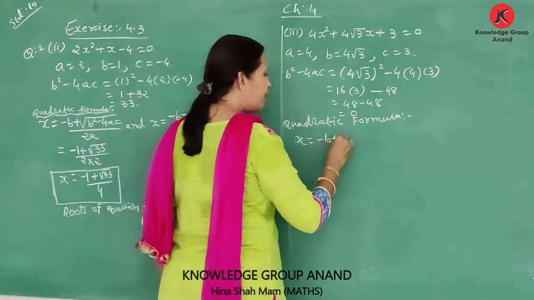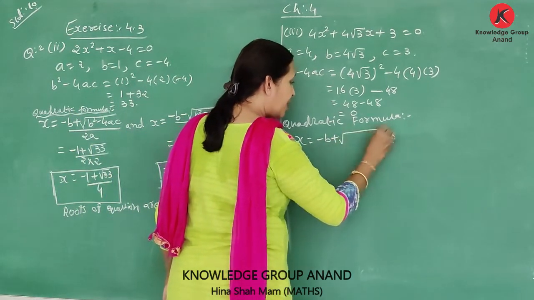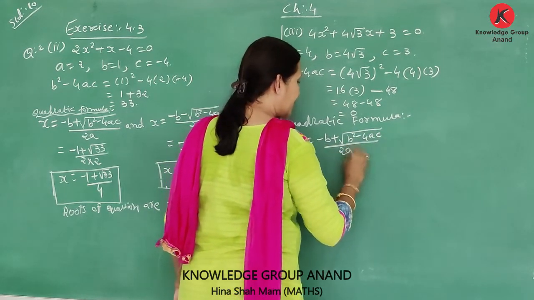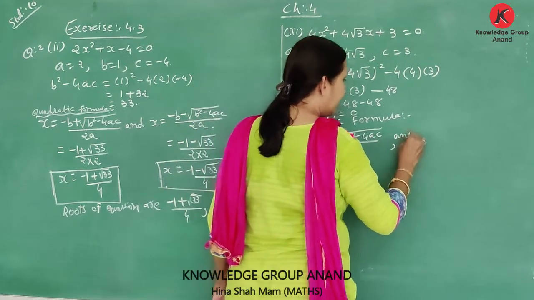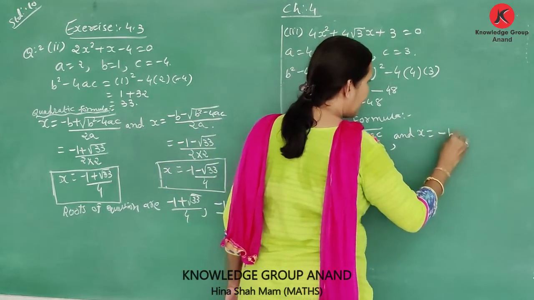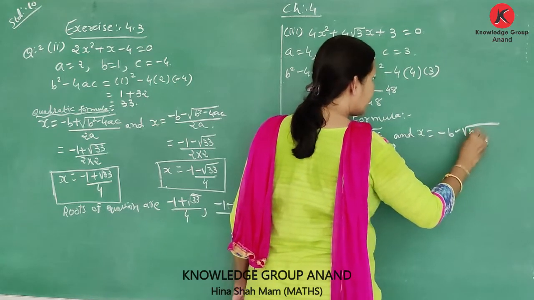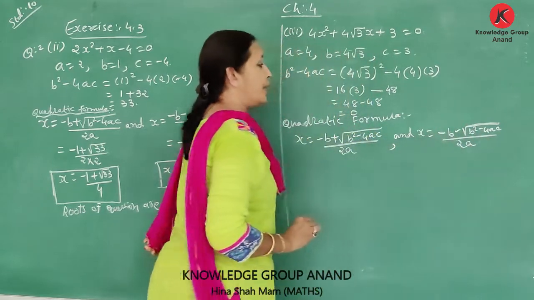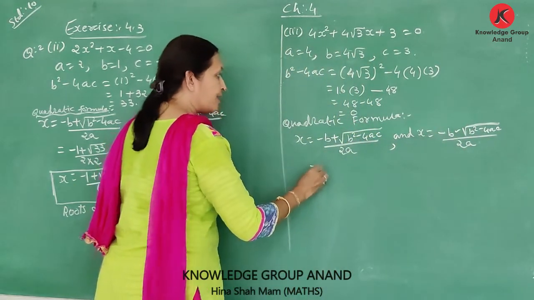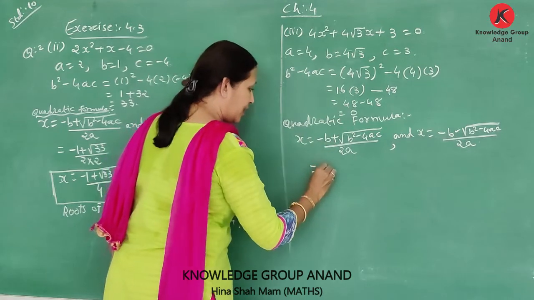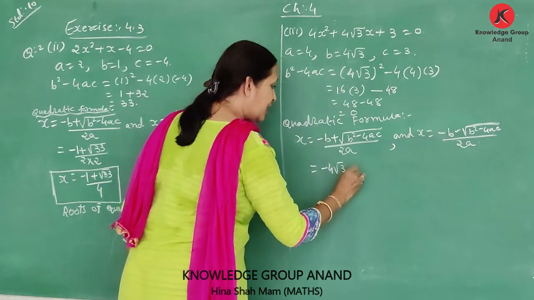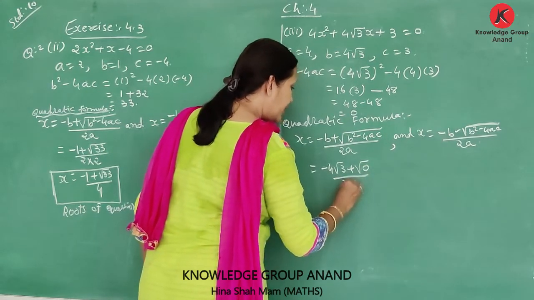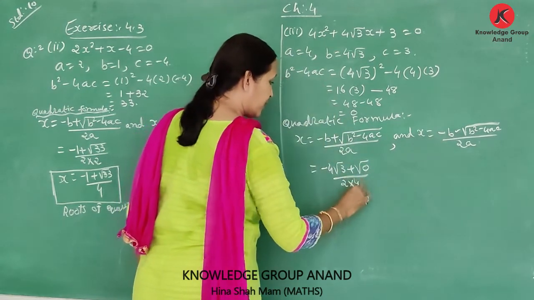Don't directly put in values. Minus b plus under root b square minus 4ac upon 2a, and x is equal to minus b minus under root b square minus 4ac upon 2a. Here b is equal to 4 root 3: minus 4 root 3 plus under root 0 upon 2 into a, where a is equal to 4.